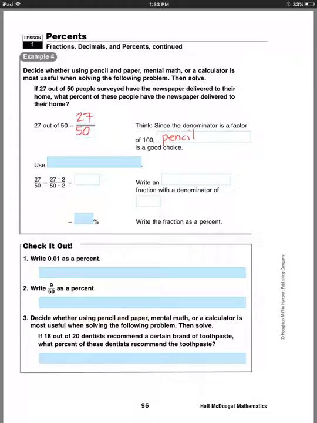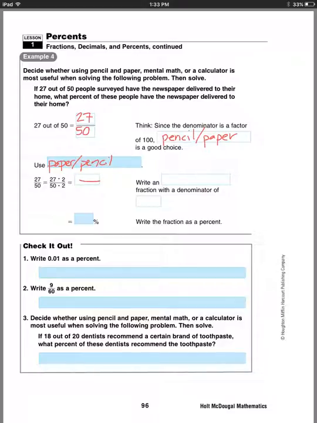Obviously, you're going to think that a calculator is always the best choice because you don't have to think, but if you're at home and don't have a calculator, it's a pretty simple problem to use paper and pencil with. Because what we want to do is change that fraction to a percent. So we're trying to get the denominator to be 100, so we multiply the 50 by 2.